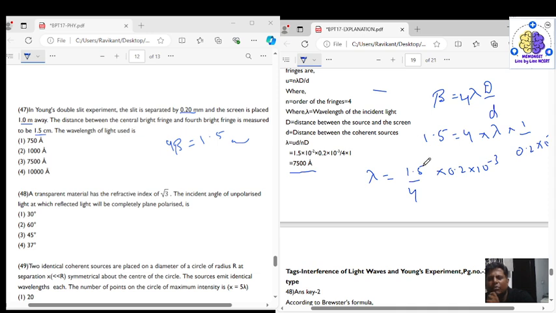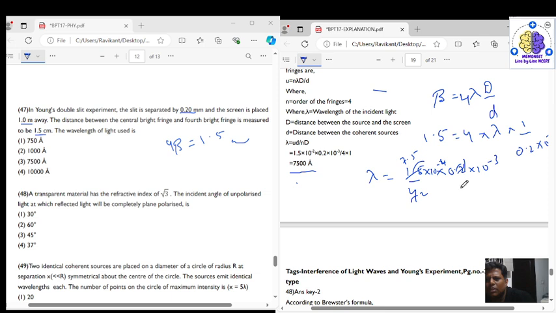This is 1.5 centimeter, so centimeter we will convert into meter, it is 10 to the power of minus 2. This is again in meters, right? Now solving this, let me check, the wavelength is equal to 1.5, this and this will make it 10 to the power of minus 4, 1 into 2 is equal to 7.5.